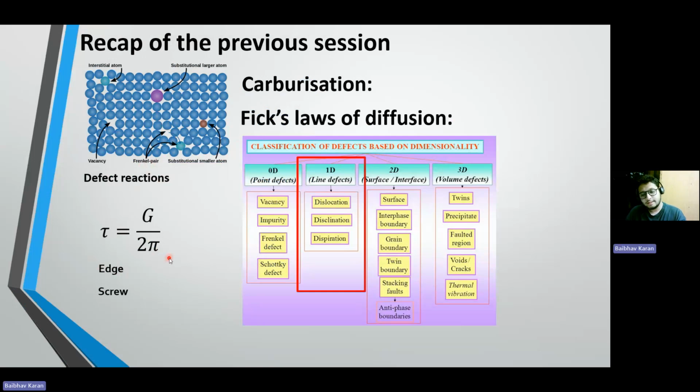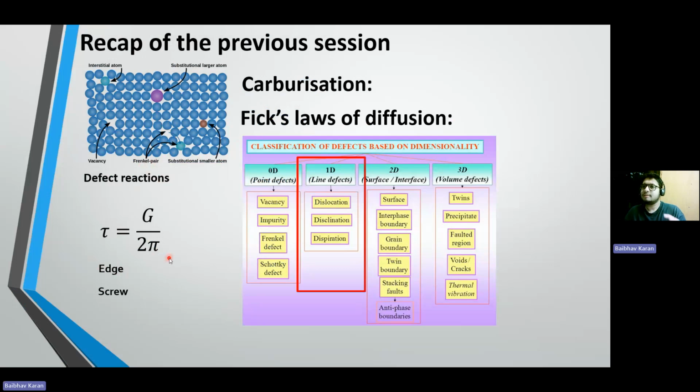Think about what is happening when you apply tensile stress or test the mechanical properties of the material. We are trying to break the bonds among the atoms so that the atoms can move with respect to each other.